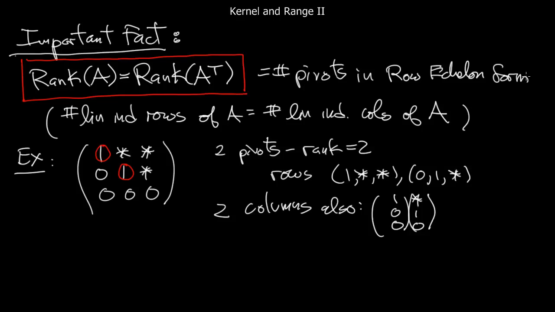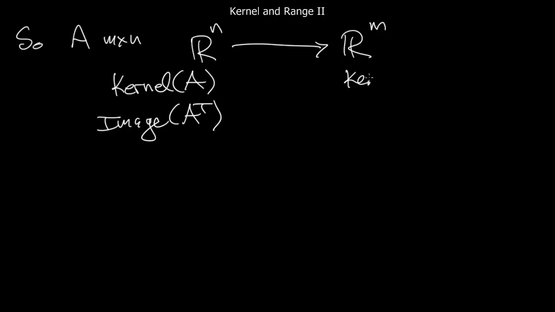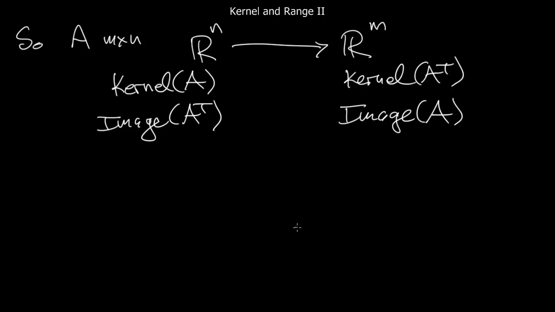Okay. So that says that of these 4 subspaces we were talking about, if we're just looking at the dimensions, 2 of them have the same dimension. So that cuts down the computations a little bit. So let's draw a picture. You have the kernel of A over here, and you have the image of A transpose, subspaces of Rn, and you have the kernel of A transpose and the image of A. And these 2 bottom ones have the same dimension, which is the rank.